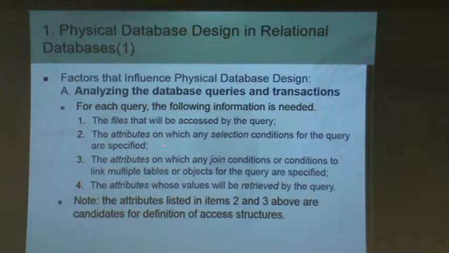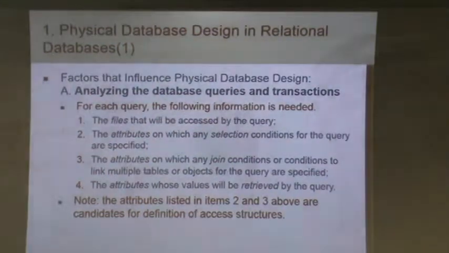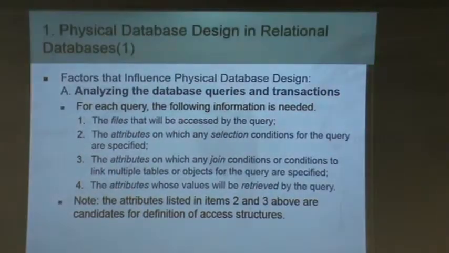Which attributes are used in the select condition, the where clause. Right? Why? Because that will be the key. That will be the main part when a query optimizer determines which table will be accessed first, which index, whether the primary key will be used, whether the secondary index will be accessed. At that time, it's the same thing.